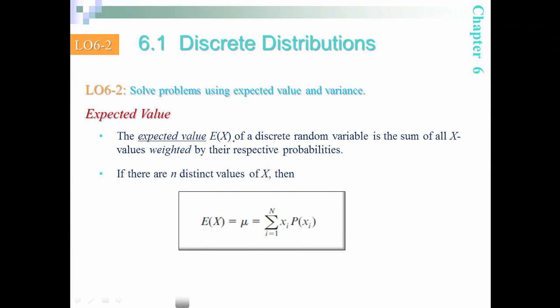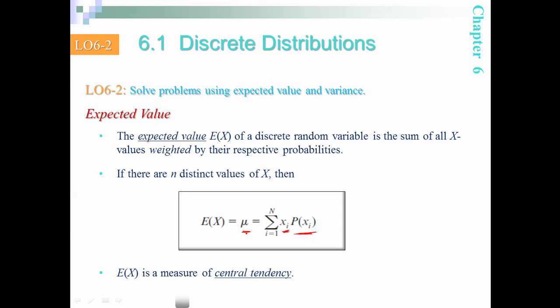And we can actually write down what the expected value is by taking the sum of the x values times the probability of those x values. So multiply x times the probability of x, sum those things up, and that's what we're going to call the expected value, mu. And this is the same expected value that we talked about earlier in the course when we were talking about the population mean, or the expected value for the population.